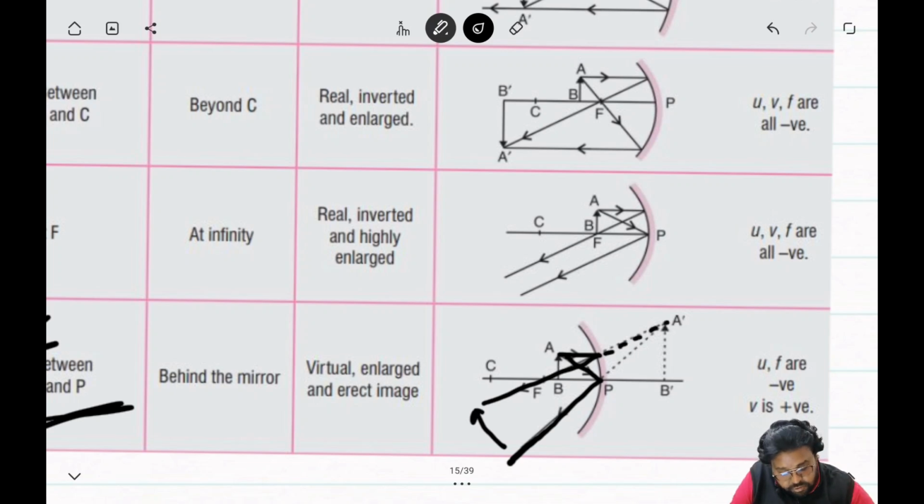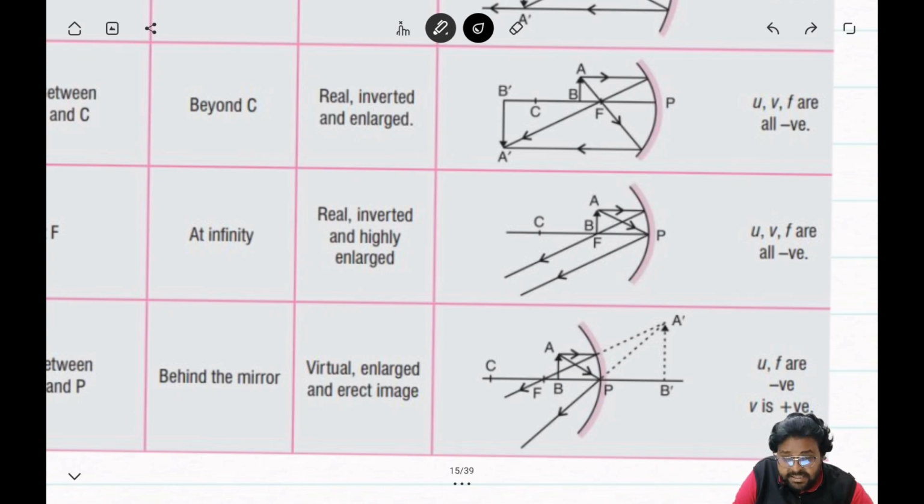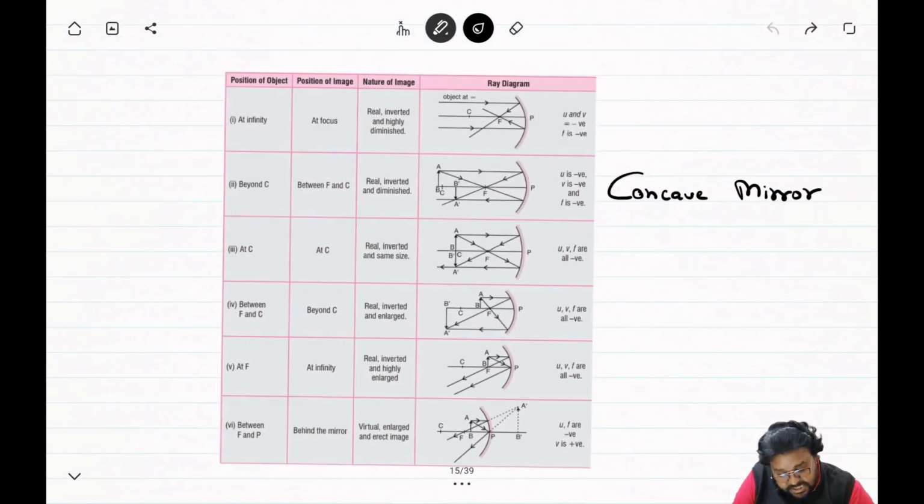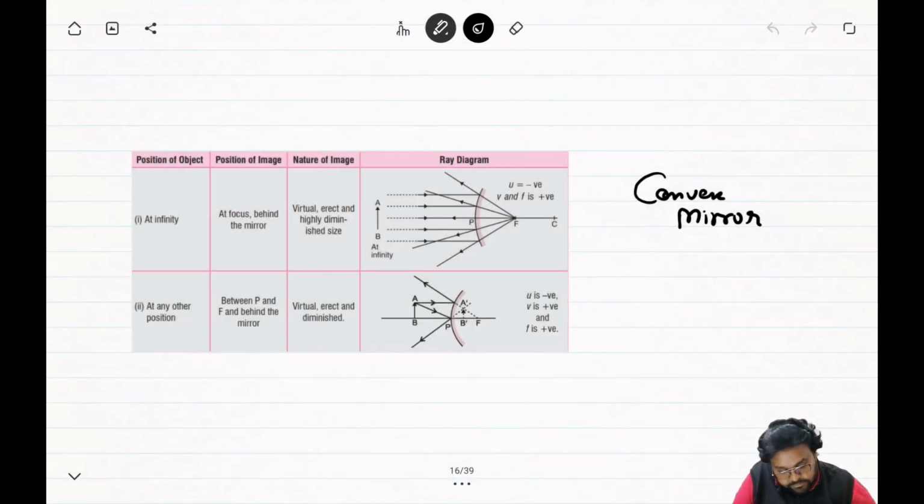So we have to extend them inside the mirror and we get a virtual image. The virtual image is magnified. Only in this case it is magnified and erect and behind the mirror. That means inside the mirror. So these are the 6 ray diagrams we use in concave mirror.